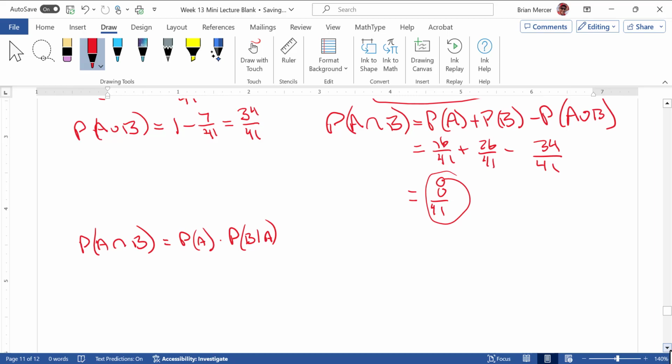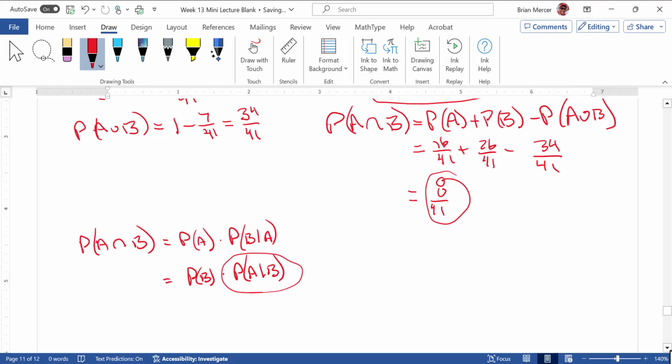Or doing that in another way, you can do either letter. You can say that's also the same thing as the probability of B times the probability of A given that B occurred. So what we're after here is this conditional probability.